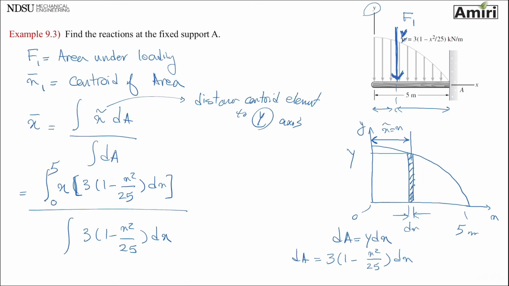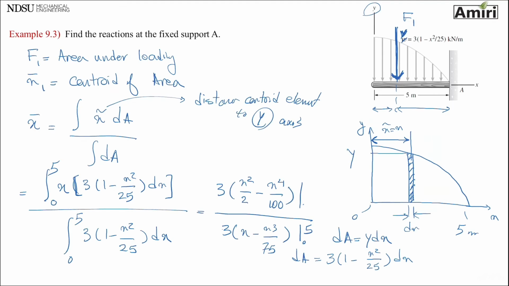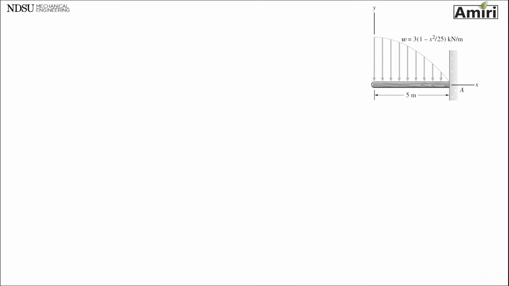All right, if I do the integral, what I get is going to be 3x minus x cubed over 75 from 0 to 5. Top is going to be 3x squared over 2 minus x to the fourth over 100, 0 to 5. Going to go next page.